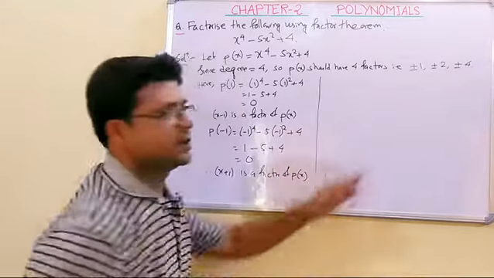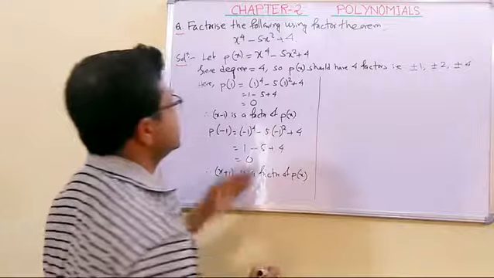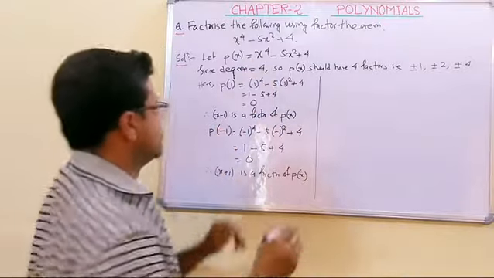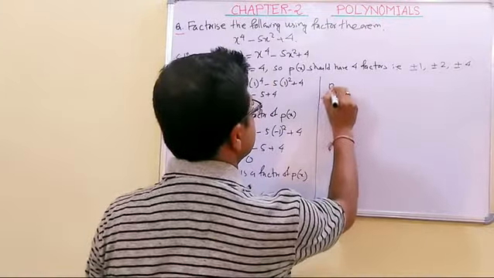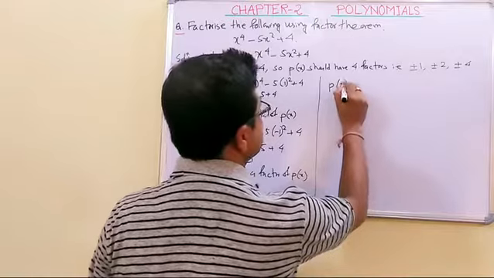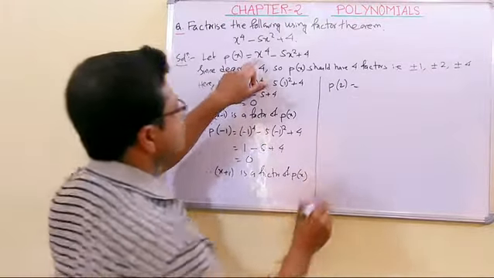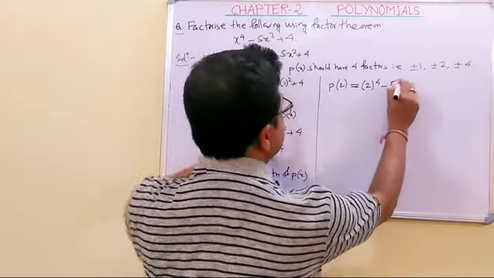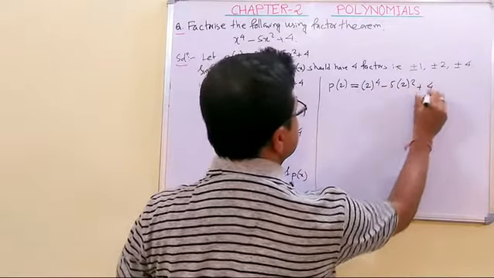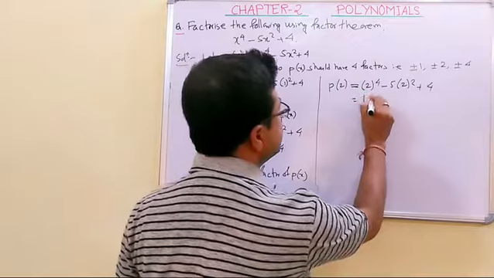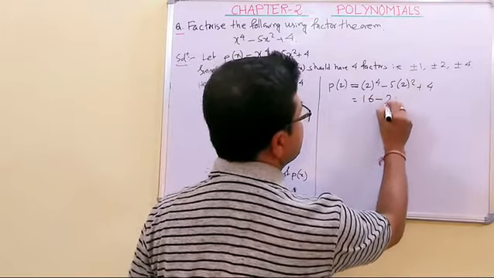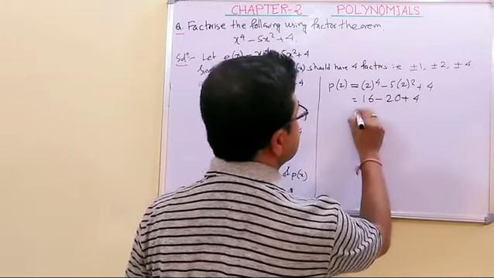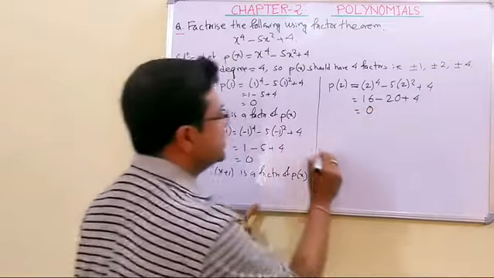Alright, now let us try plus 2, as there are 4 factors and the degree is 4. P of 2: 2 to the power 4 minus 5 into 2 square plus 4. 2 to the power 4 is 16 minus 2 square is 4, 5 times 4 is 20, plus 4. 20 minus 20 is 0.